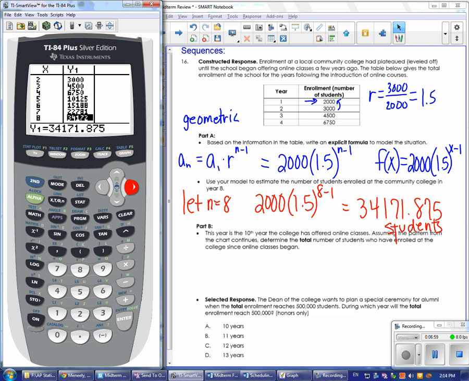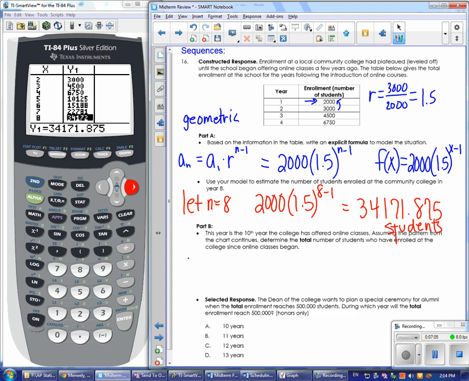And so if we want to find the total, I'm now going to have to use my sum formula for a geometric sequence. And the sum formula for a geometric sequence for the first n terms is always starting with my first term, and then we do 1 minus our ratio, and we raise it to the n, which is the number of terms I'm trying to add together, and then I divide that by 1 minus r. And so in this case, I'm trying to find the sum of the first 10 years, or the first 10 terms.